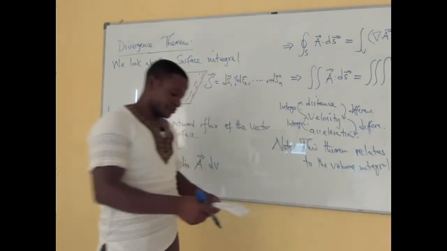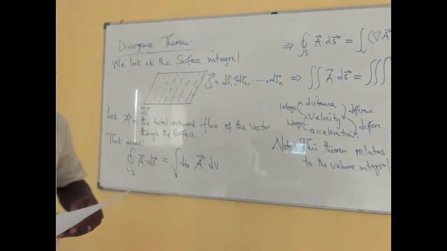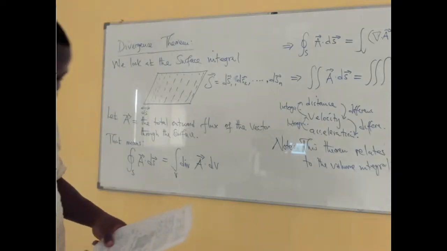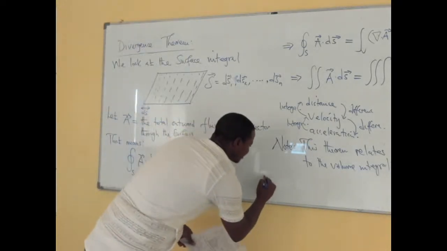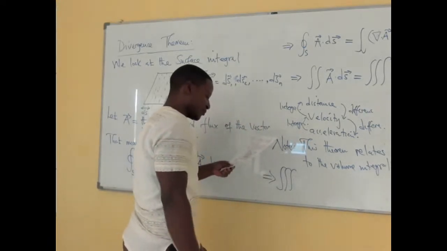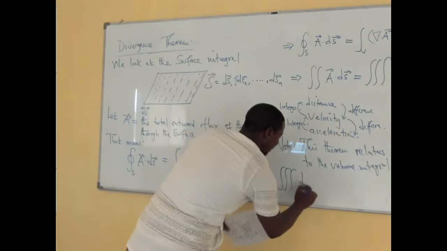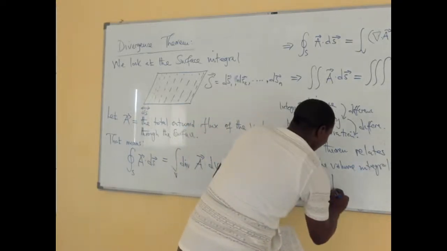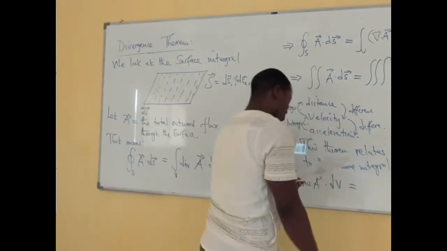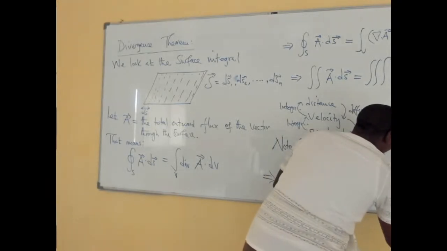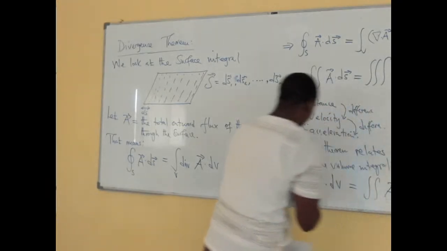In other words, this implies that the triple integral of the divergence of A dv must be equal to the double integral of A dot ds. This is very important.